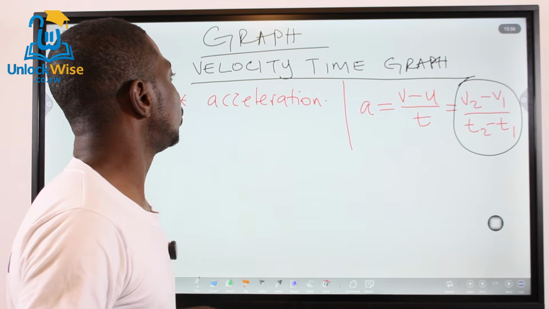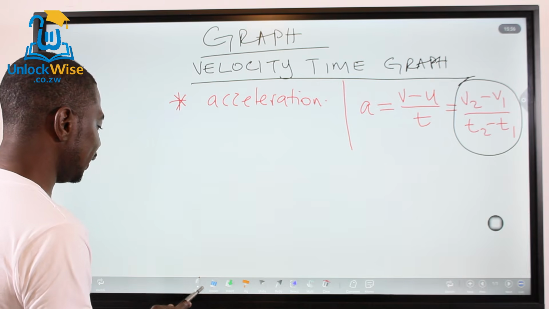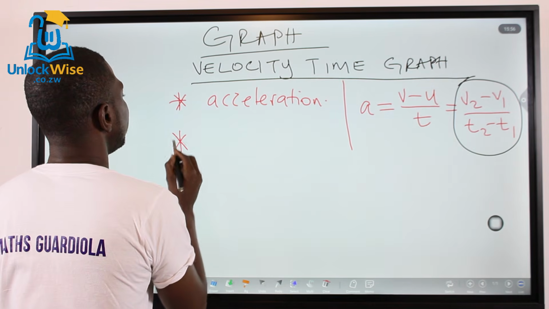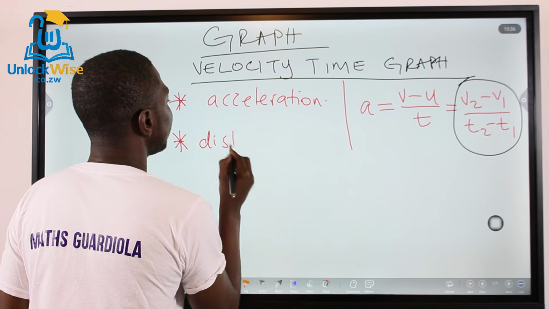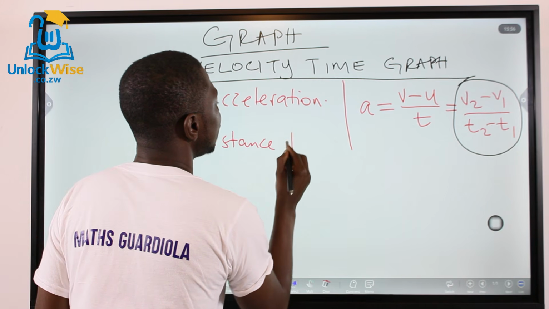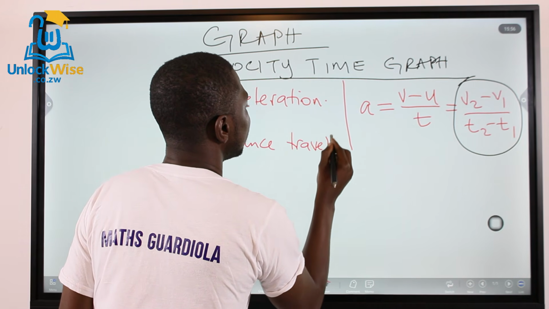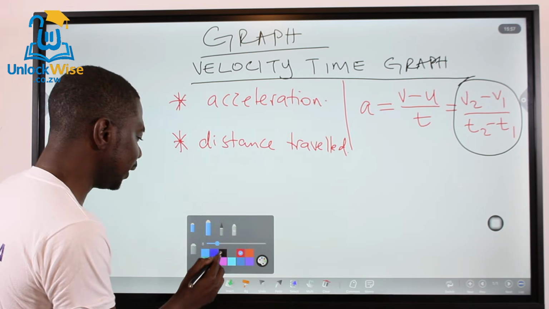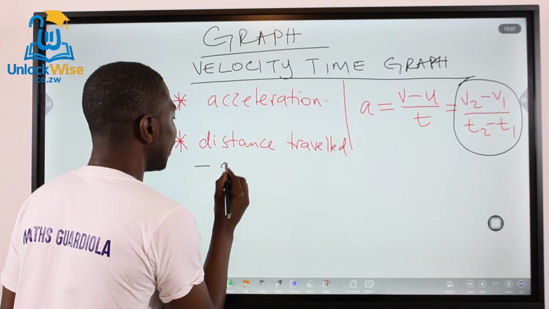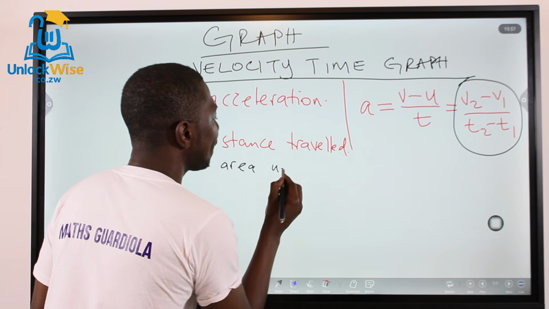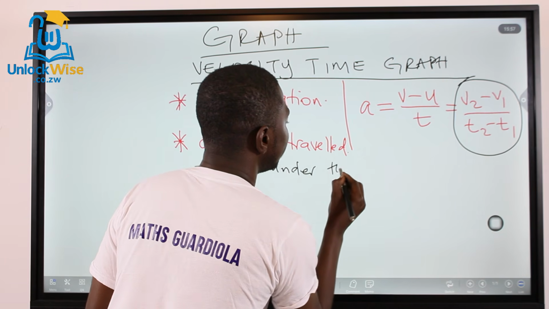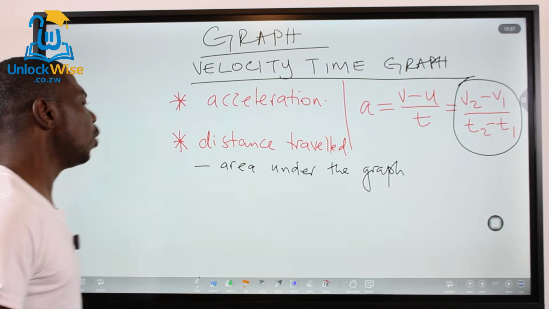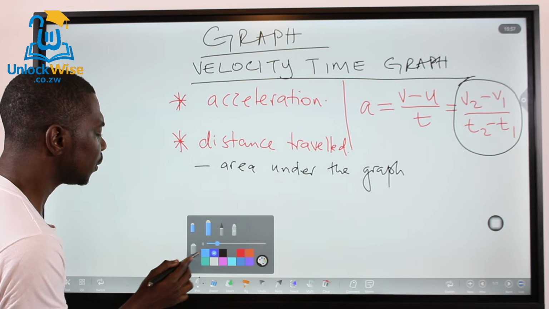Okay, so from acceleration, we will also talk about distance traveled, of which by distance traveled, we will be referring to area under the graph. By area under the graph, we normally use these shapes.